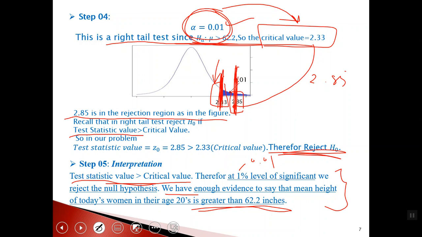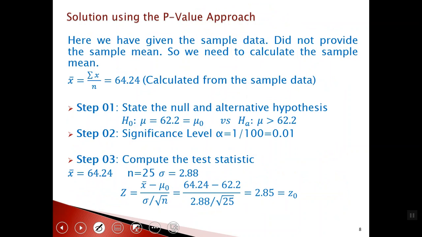What we have used is the critical value approach. Next I'm going to use the p-value approach for the same question. As I mentioned before, you know what x bar is, the mean, and most of the steps are similar. First step, mention your H naught and HA, then your significance level, 0.01.